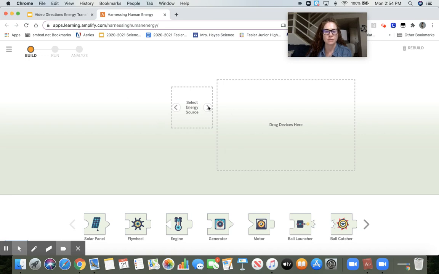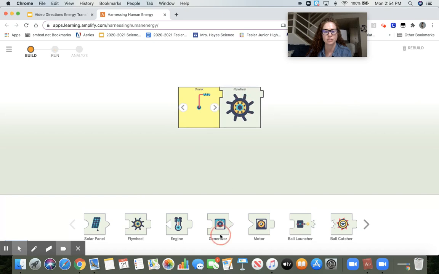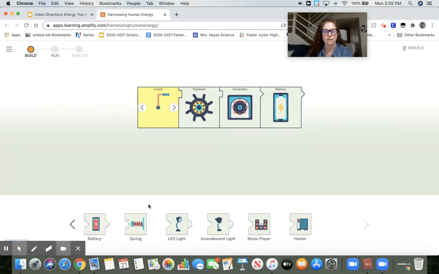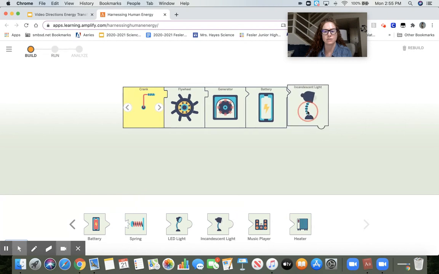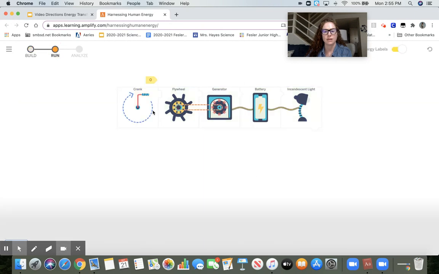So the one I just built doesn't really work unless I add in a flywheel for some reason. I'm not sure why, but I'll just show you. So I added a few extra things. So it's not quite the flashlight, but you can see I can run it.